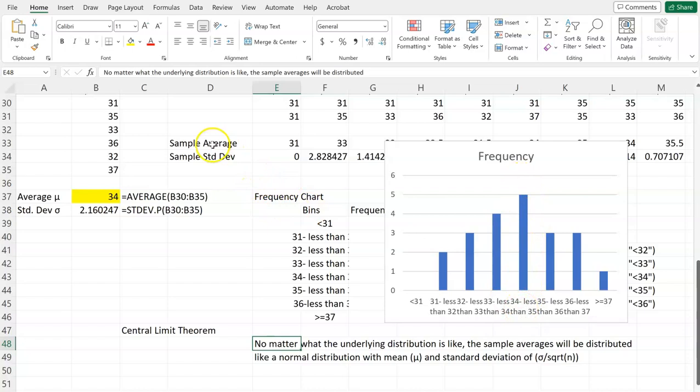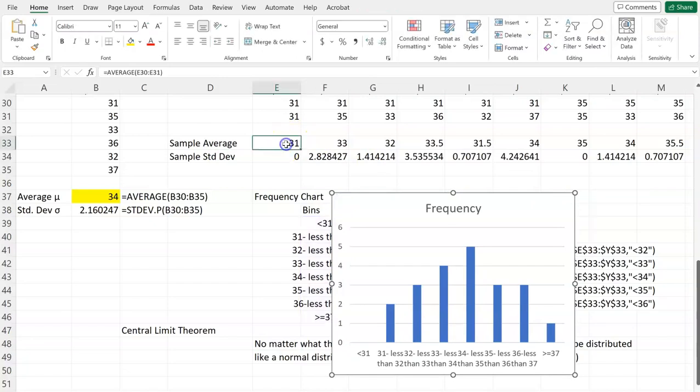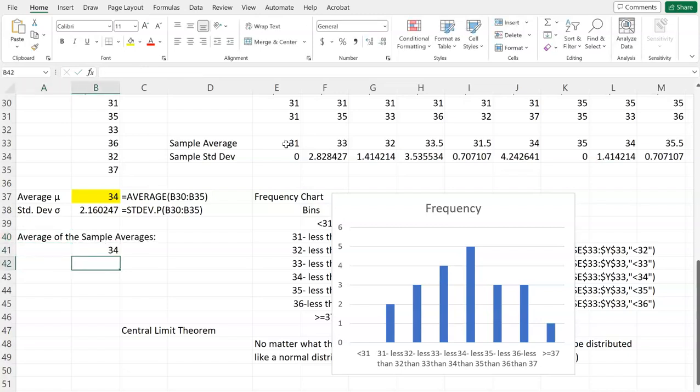If I look at all these sample averages and try to find the average of them, I will name it the average of the sample averages, which is actually 34.